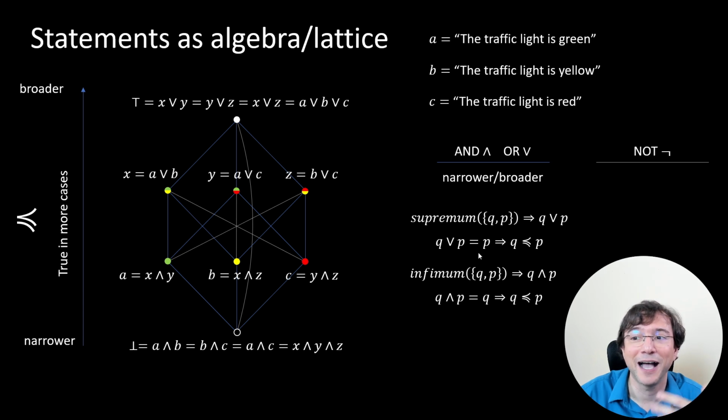If you know the algebraic structure, you can define the order theoretic structure by saying that if Q or P is equal to P, then Q is narrower than P. So for example, you can look at A and X, and if you do A or X, this is going to be broader than both statements, because something is broader than itself.